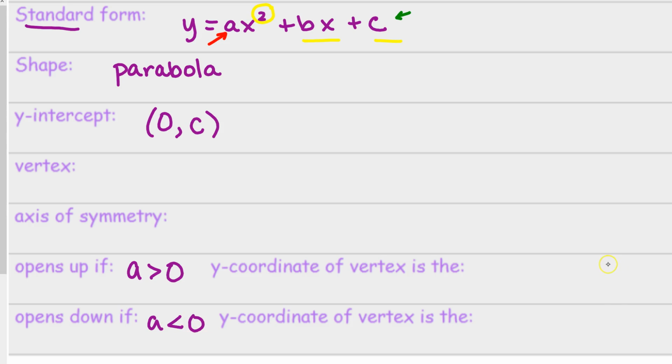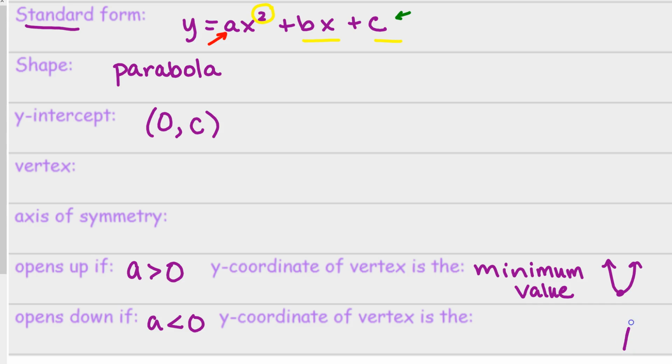If it opens up, the vertex, which is this point right here, is going to be at the bottom. So the y-coordinate of the vertex is the minimum value. Sometimes we just say minimum. The minimum value of the function. That's the lowest y-coordinate you could get.